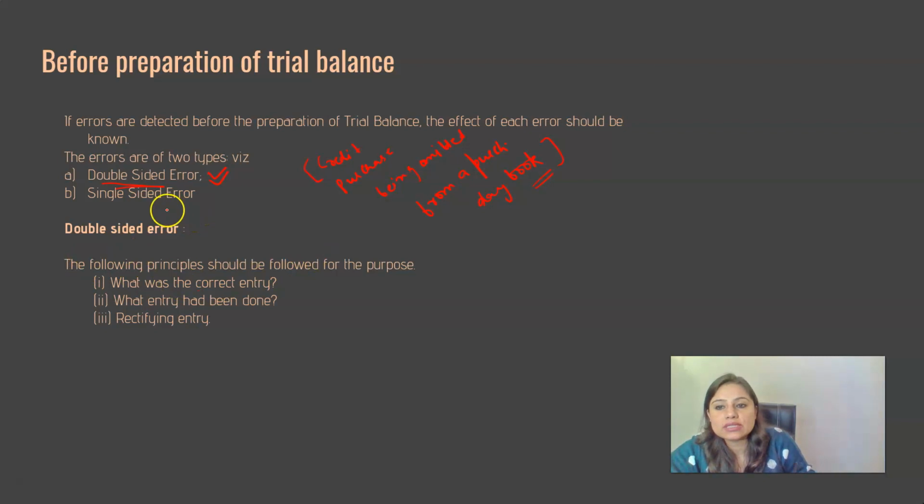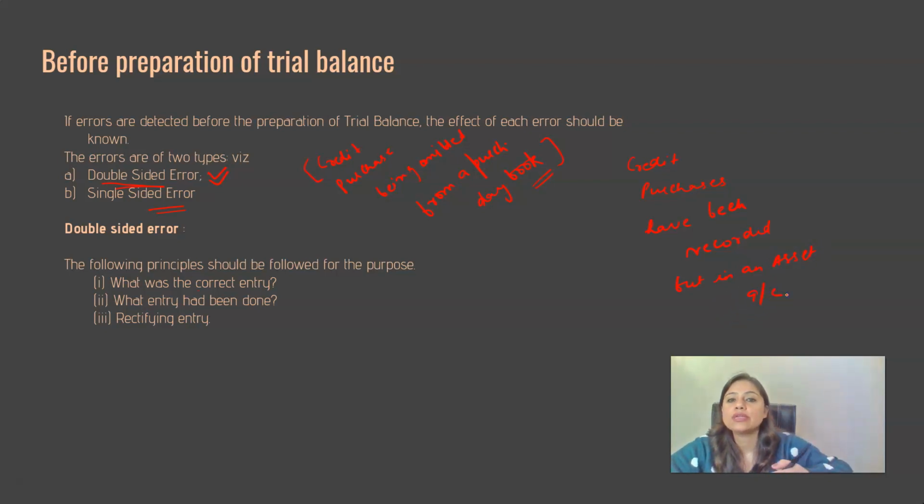And in the case of a single-sided error, for instance, credit purchases have been recorded but in an asset account. So that purchase has been recorded, however, it has been considered as a purchase of an asset.